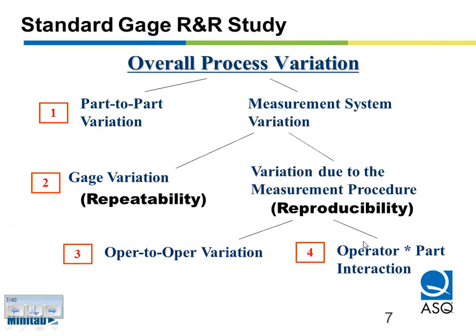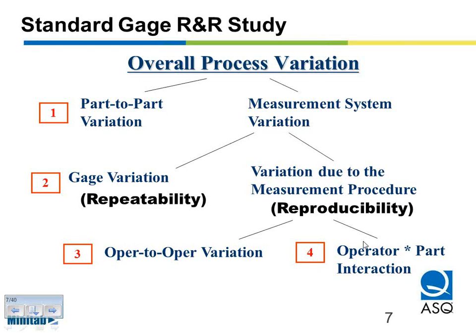Once again, the goal is very simply to take your overall variation, all the variation in your study, and break it up into 4 component parts. How much variation is coming from the different parts? How much variation is coming from the gauge itself, which we call the repeatability?